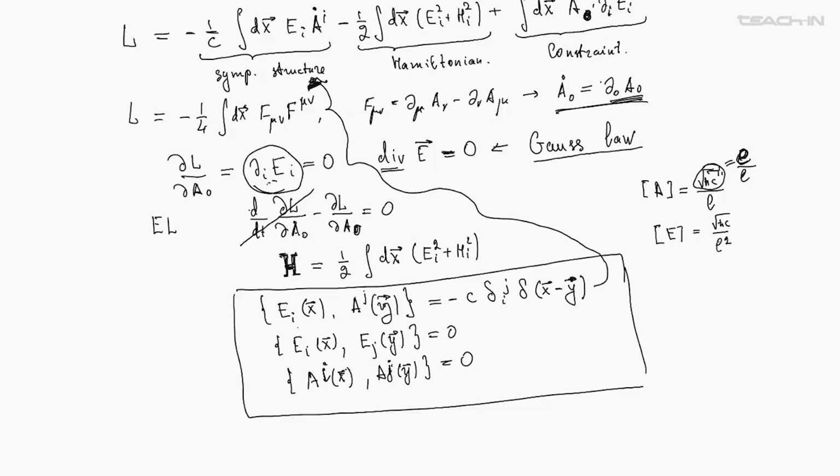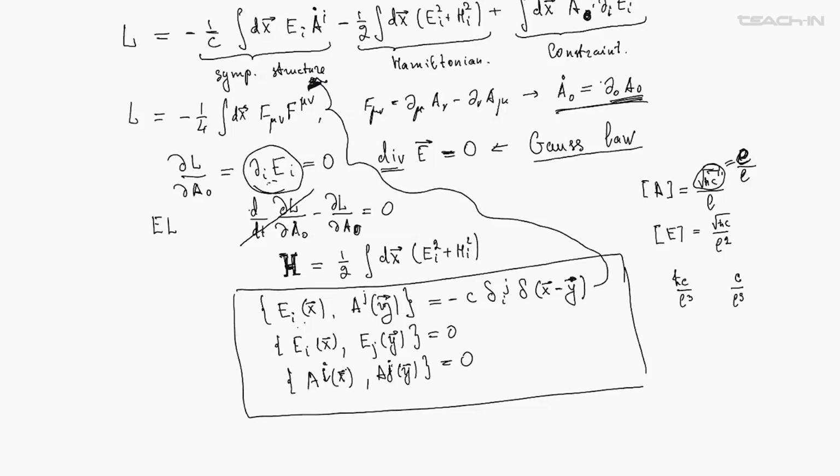Now, if you substitute these dimensions into the left-hand side, you will get h bar c divided by L cubed. And the same you see on the right-hand side. So c you have, and the delta function has dimension 1 over L cubed. It's a three-dimensional delta function, so it's 1 over L cubed. And h bar is a standard offset which you have between the Poisson bracket and its right-hand side.